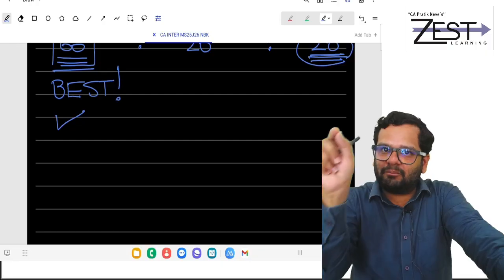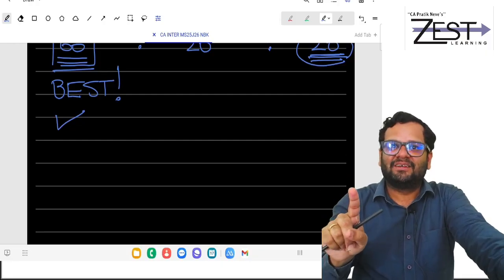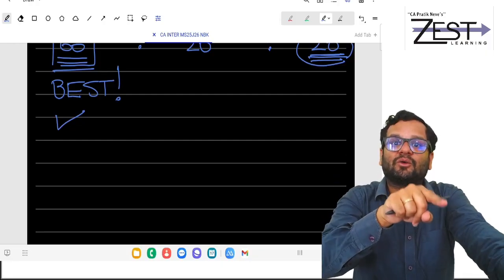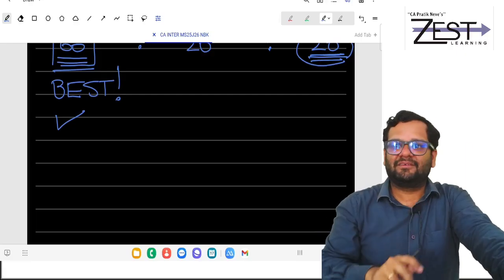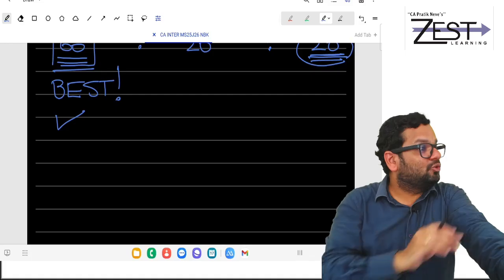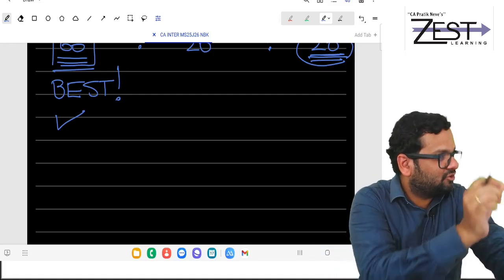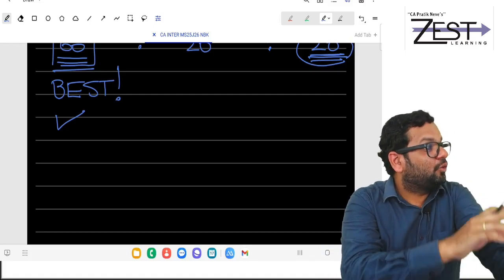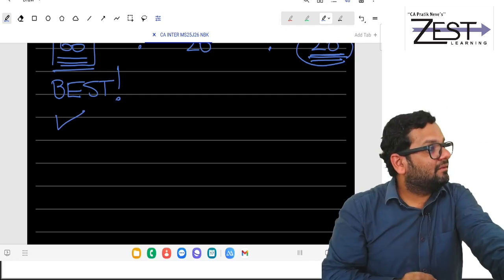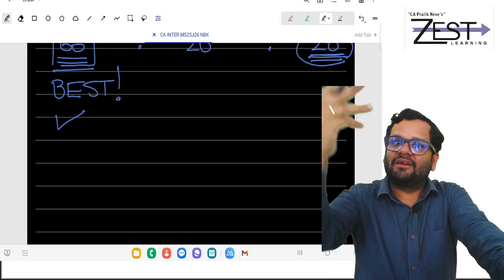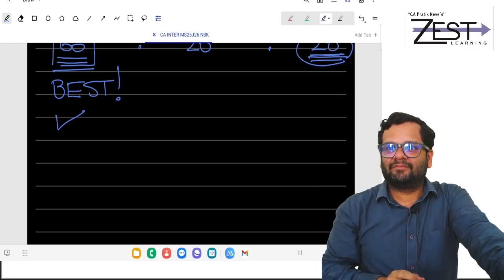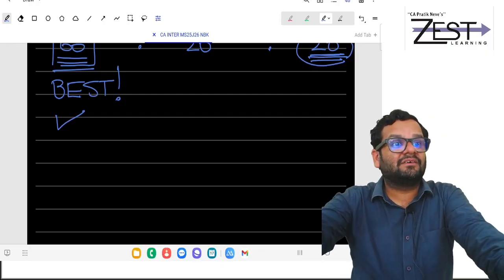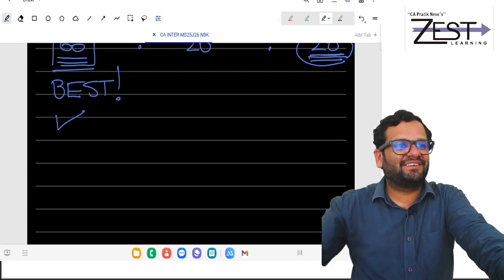Leave one page blank, start solving. So the first page is left for question 1A. Then do question 1B, solve it properly. Question 1C is again, suppose, C category. Leave it blank. Question 2 is your A category, start solving it.